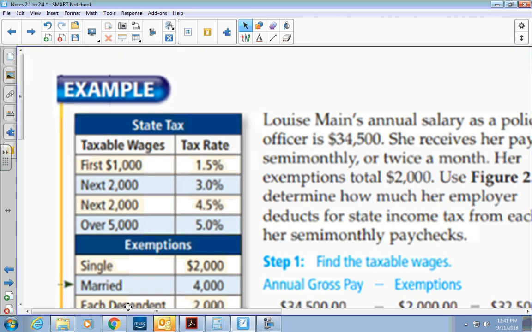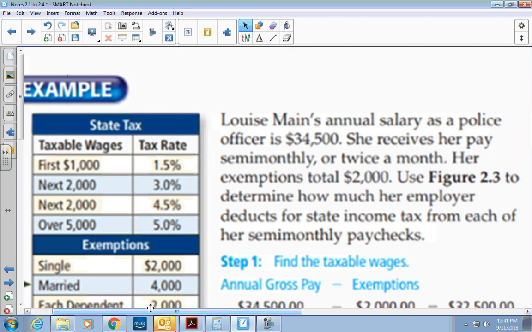Okay, so let me show you the example. And please work with me here. When you see a graduated tax table, I want you to do the calculations on that table. So our buddy Louise makes $34,500 as a police officer.